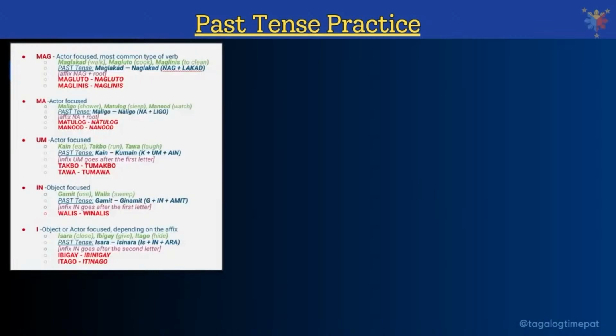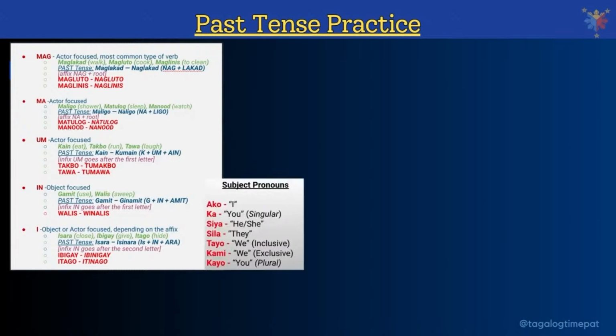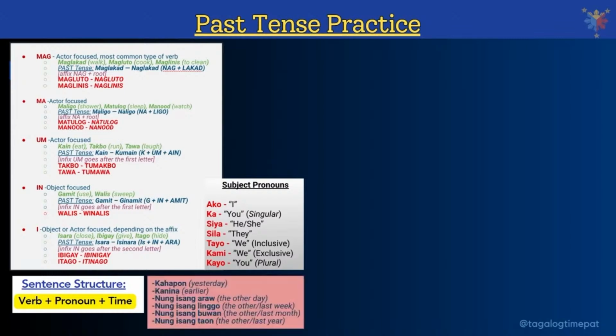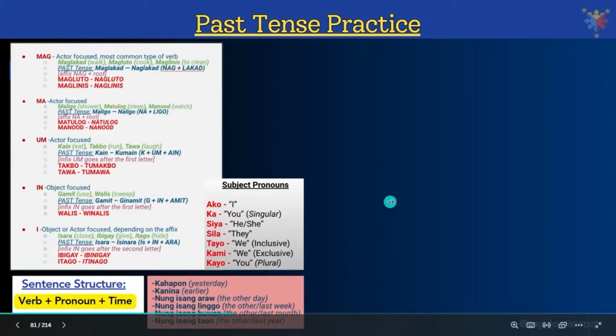All right, so up here in the top left corner are the conjugation patterns that we just learned for all of the different types of verbs. Then here are some subject pronouns that we learned. And then the sentence structure is verb plus pronoun, and then the time goes at the end. And then here are some vocabulary terms to indicate past tense. So kahapon is yesterday.